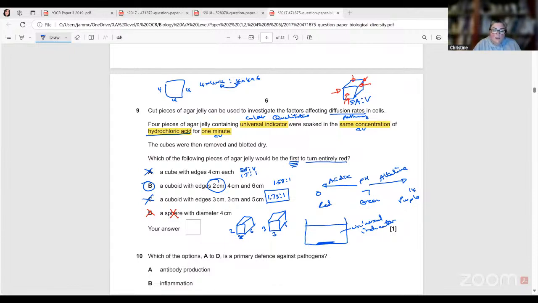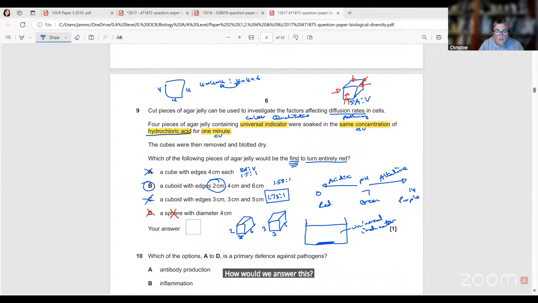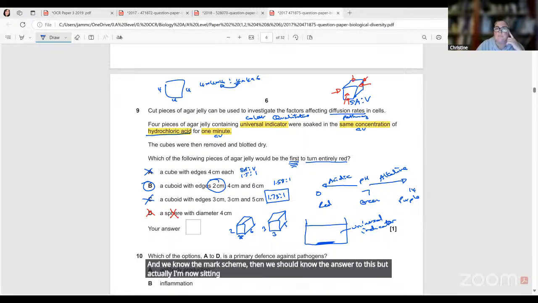See, this is where there are questions that, for some of us as teachers, literally stump us. And then we think to ourselves, well, how would we answer this? If we know the question and we know the mark scheme, then we should know the answer to this. But actually, I'm now sitting here going, this is a bit of a brain teaser.